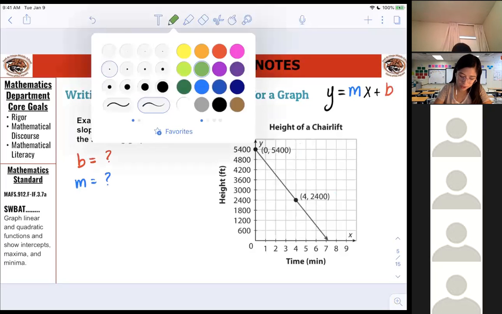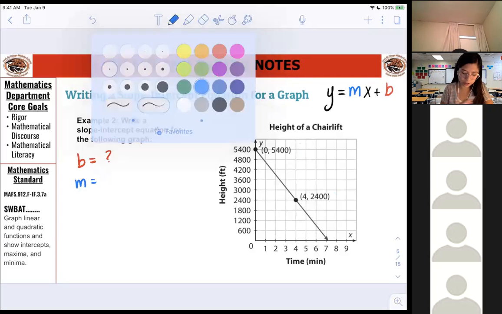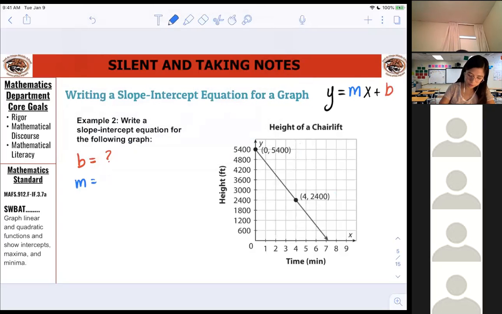I'm going to start by using the formula because I know more people tend to like the formula. But again, you can do whichever one you want. So the formula is y2 minus y1 over x2 minus x1. If I put these in a table, it would be 0, comma 5,400, and 4, comma 2,400.